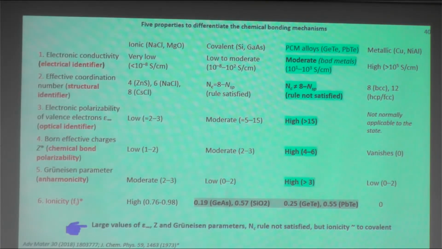Now, if you take some materials like ionic, covalently bonded, our phase change alloys, and metallic, and look at different properties, we can see that this is compared for crystalline phase change materials, not for amorphous. What we can see here is that phase change materials have, first, electroconductivity.